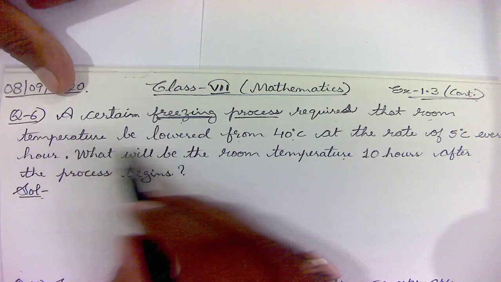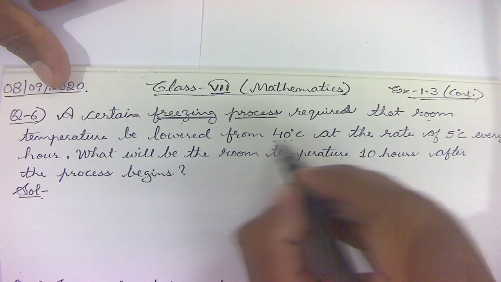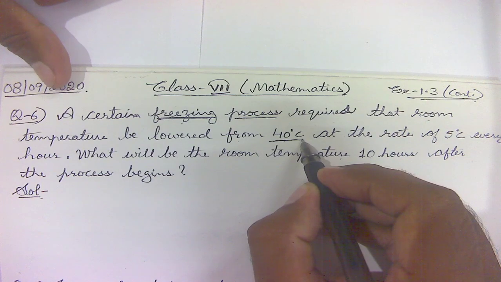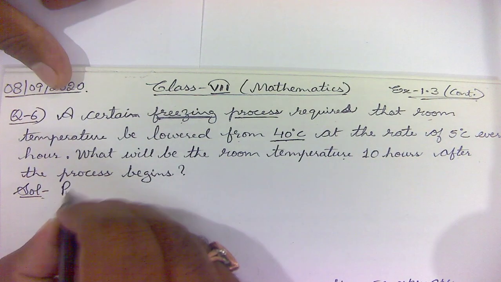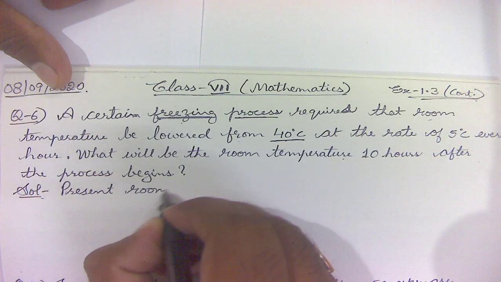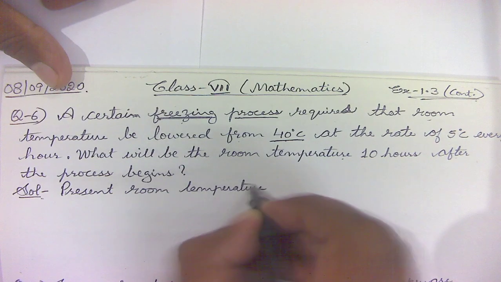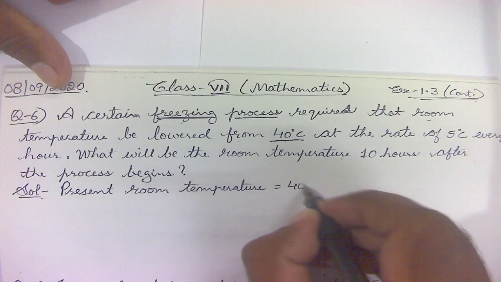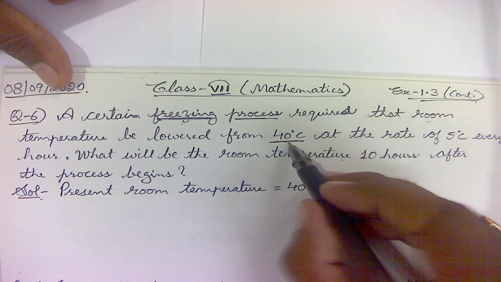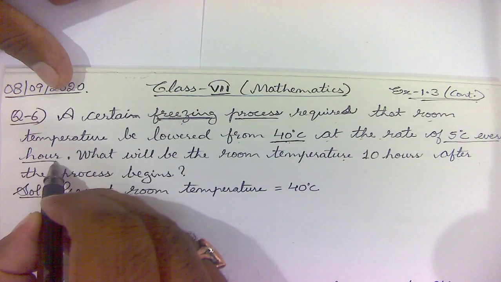In normal conditions, whatever the temperature of the room is, that is known as the room temperature. Now this room temperature is to be lowered from 40 degrees Celsius. So at present, what is the temperature of the room? It is 40 degrees Celsius. Now this is to be reduced at the rate of 5 degrees Celsius every hour.